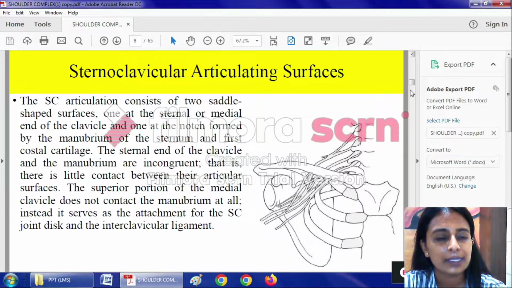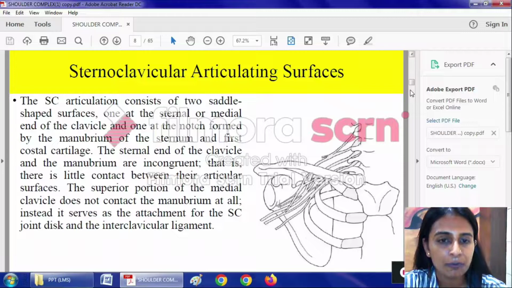Now, sternoclavicular articulating surfaces. The sternoclavicular articulation consists of 2 saddle-shaped surfaces, one at the sternal or medial end of the clavicle and one at the notch formed by the manubrium of the sternum and first costal cartilage.